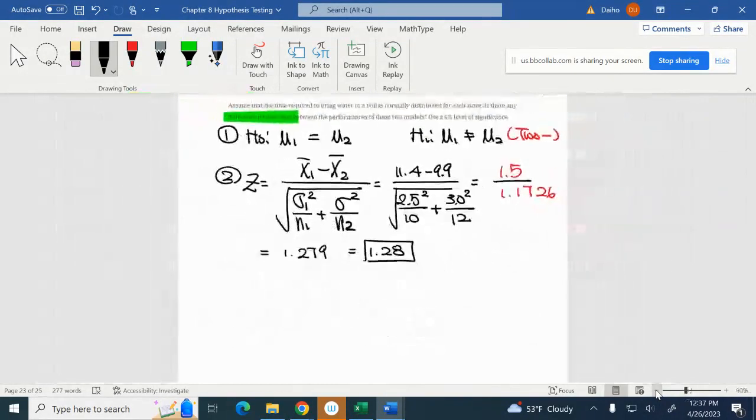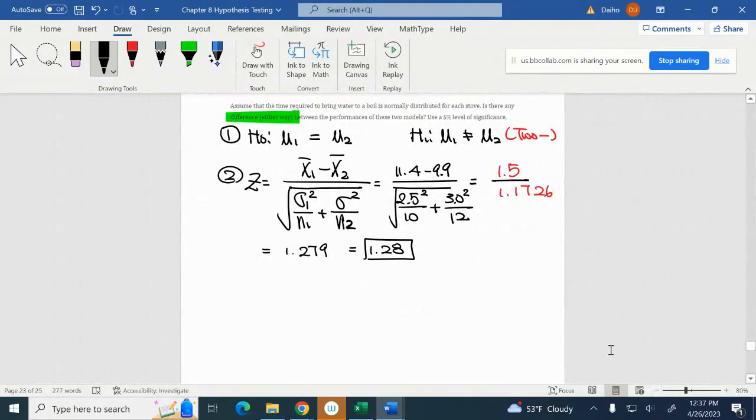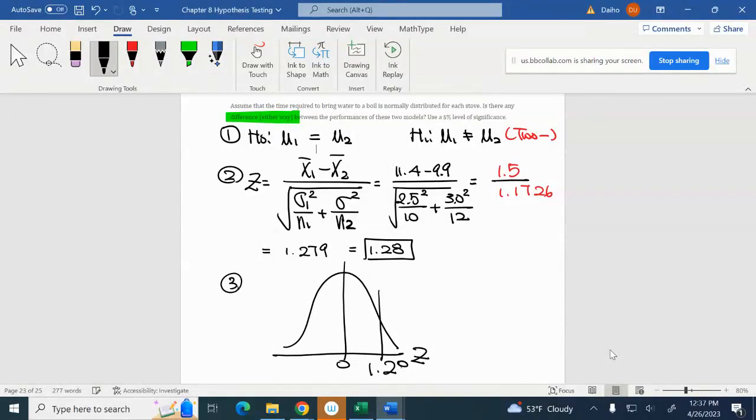Then now we need the probability from the z-table, from the standard normal distribution, for z equals 1.28. Can you give me the probability for 1.2 and 8? 0.8897 to the left.